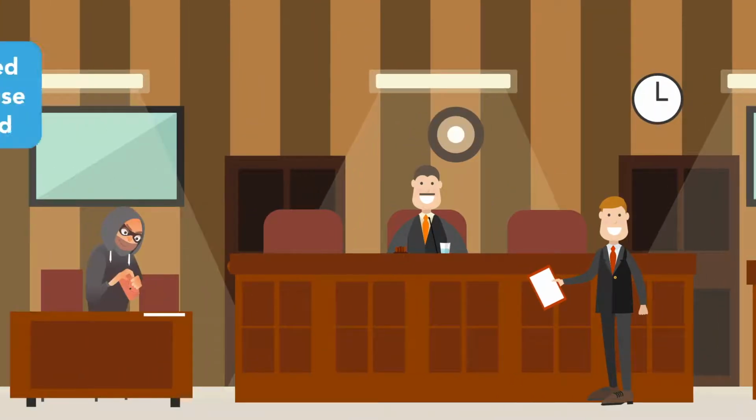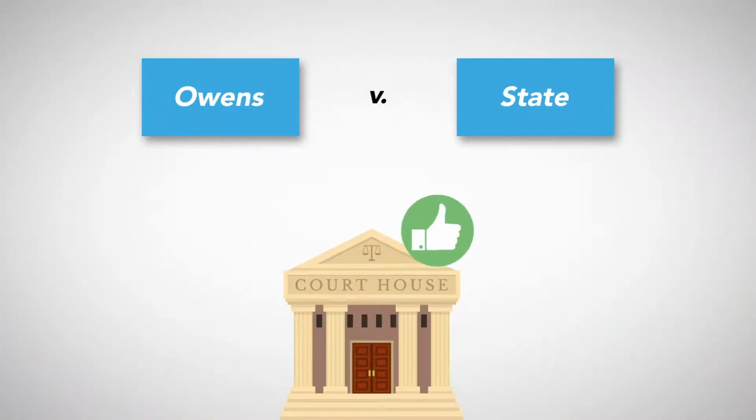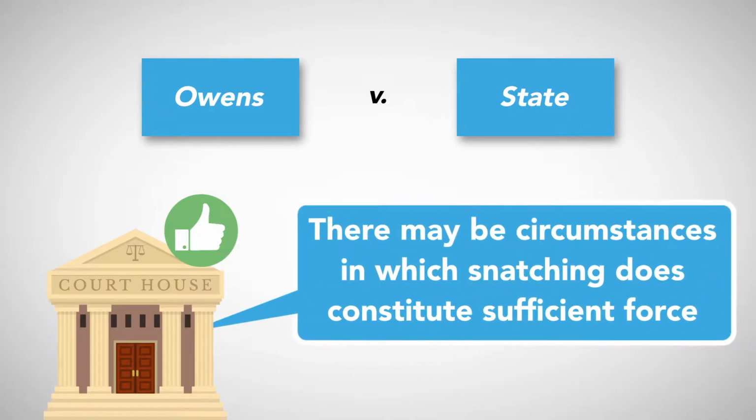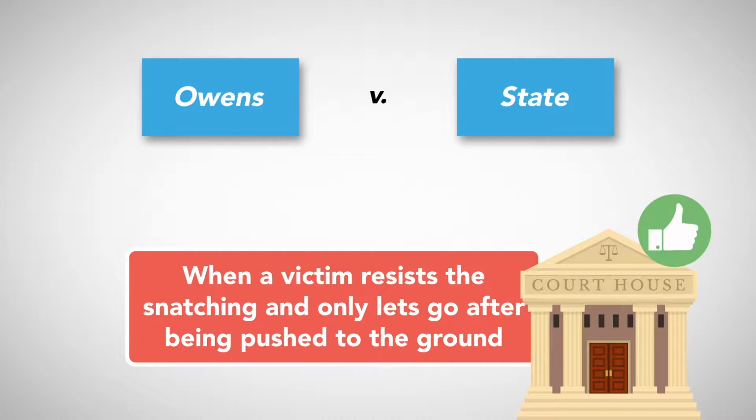The defendant argued that the charge should be reduced to theft because he did not use the amount of force required. The court agreed and overturned the defendant's conviction. However, the court noted that there may be circumstances in which snatching does constitute sufficient force, such as when the victim resists the snatching and only lets go after being pushed to the ground.